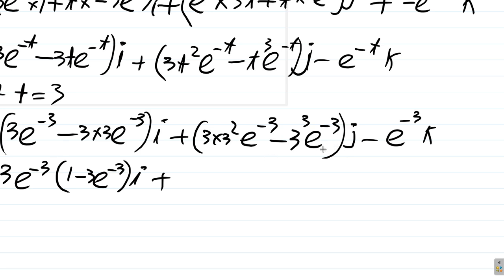So there's no j, it's 0j. They would subtract, and then minus e to the negative 3, k. That's what you have.